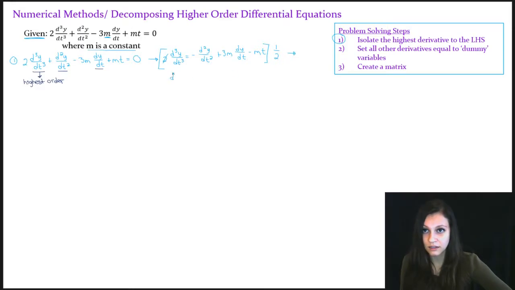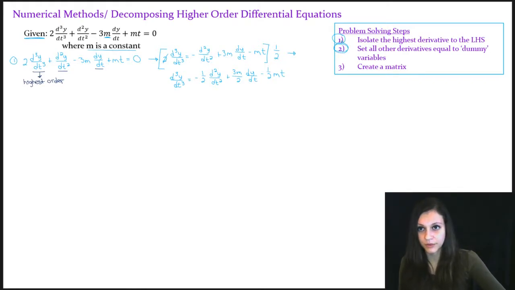And that will give me the third order derivative is equal to negative 1/2 times the second order plus 3m over 2 times the first order minus 1/2 mt. So the second step is to set all the other higher order derivatives equal to dummy variables.